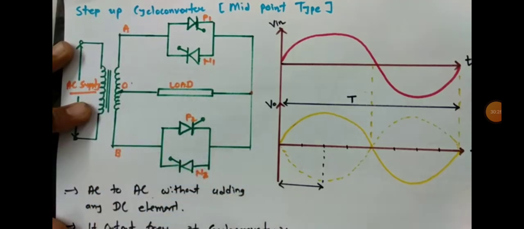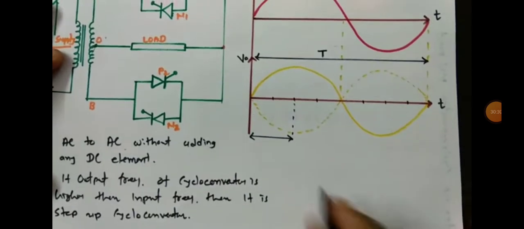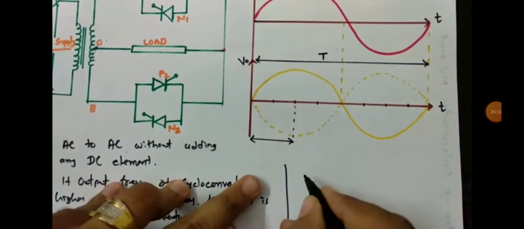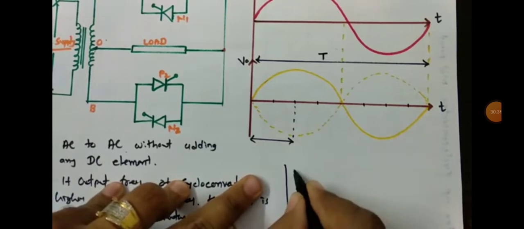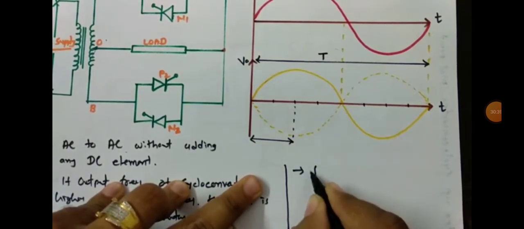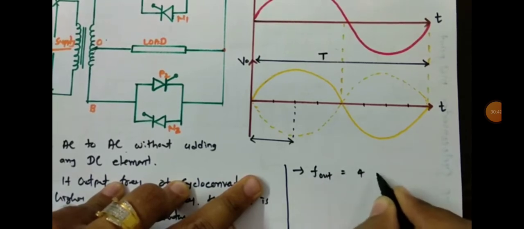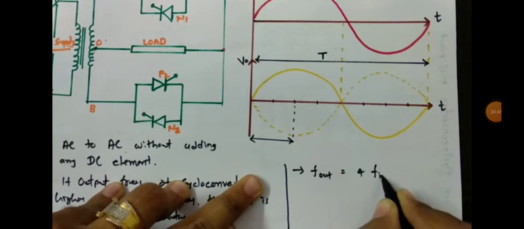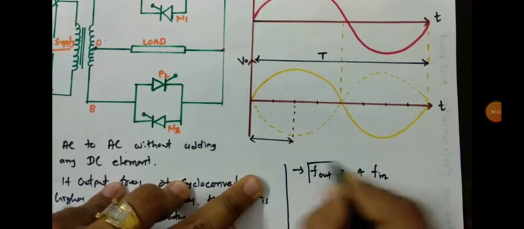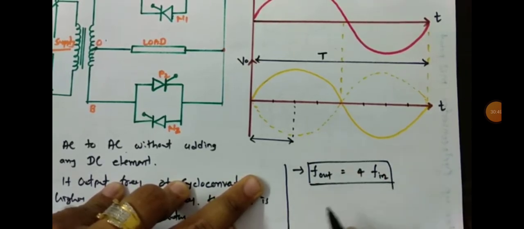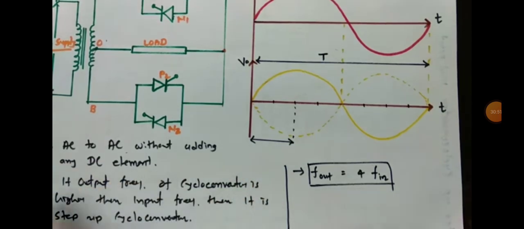And one more thing, in this session my task is to translate output frequency 4 times. So here my output frequency is 4 times my input frequency. This kind of step up cycloconverter is what I'll explain in this session.